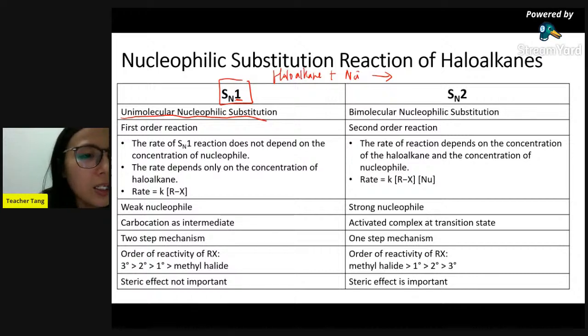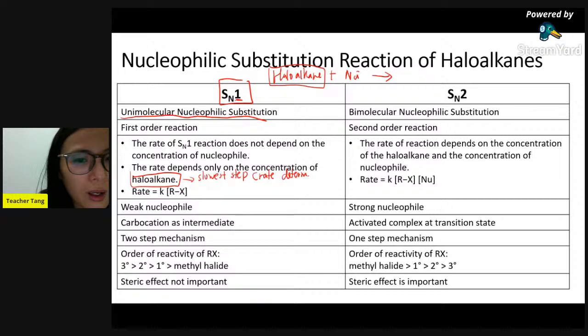Okay, so the slower step of the reaction mechanism, or we say rate determining step, only involves haloalkane. Therefore, it is being called as SN1.